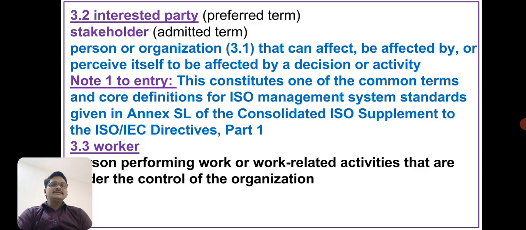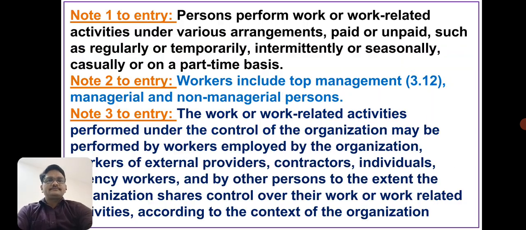Now, the next term is worker. A person performing work or work-related activity under the control of the organization is a worker. A person performs work or work-related activity under various arrangements, paid or unpaid, such as regularly or temporarily, intermittently or seasonally, casually or on a part-time basis.